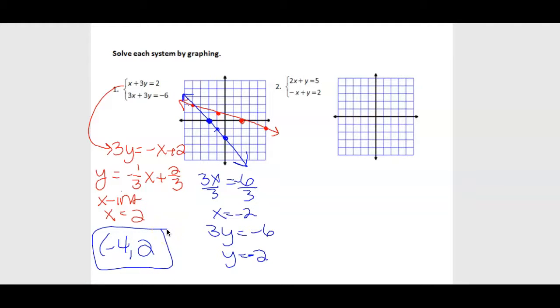So if they intersect at the point negative 4, positive 2, these are intersecting, independent, one solution. Intersecting, independent, one solution. Good?